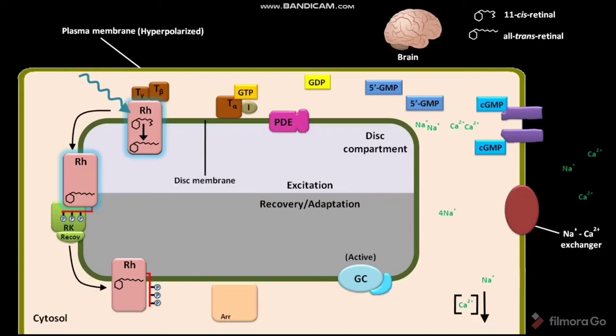The phosphorylated inactive rhodopsin then undergoes dephosphorylation. All-trans retinal in the inactive rhodopsin is replaced with 11-cis retinal. Now the inactive rhodopsin with the 11-cis retinal is ready for another phototransduction cycle.